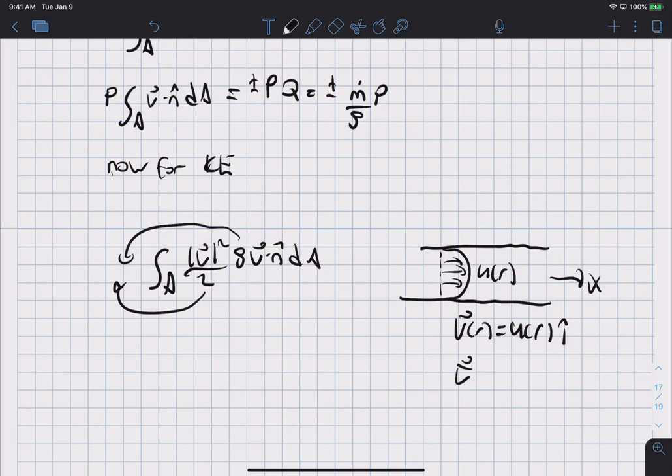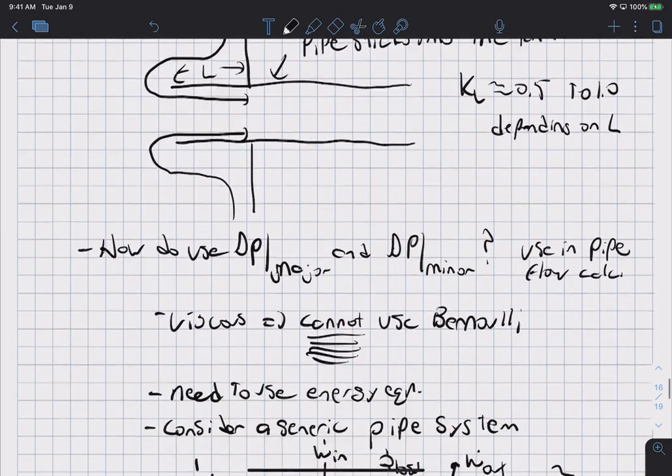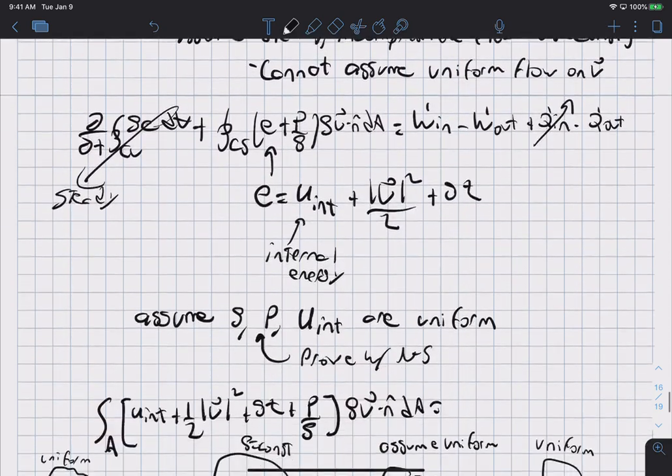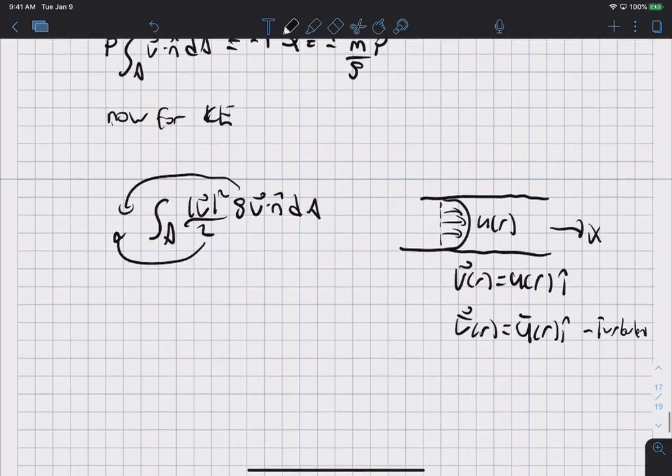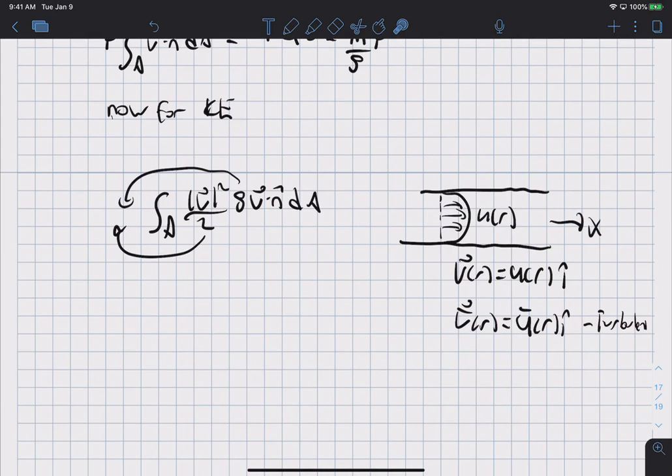V bar of r equals u bar of r I hat, turbulent. So even in a turbulent flow, the mean velocity is going only in the x direction.